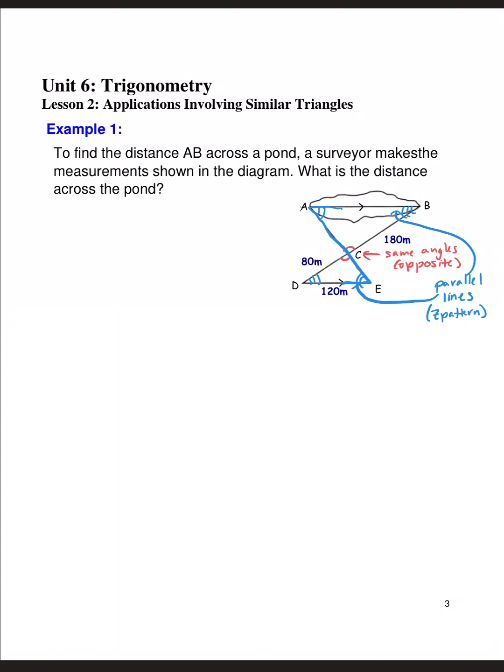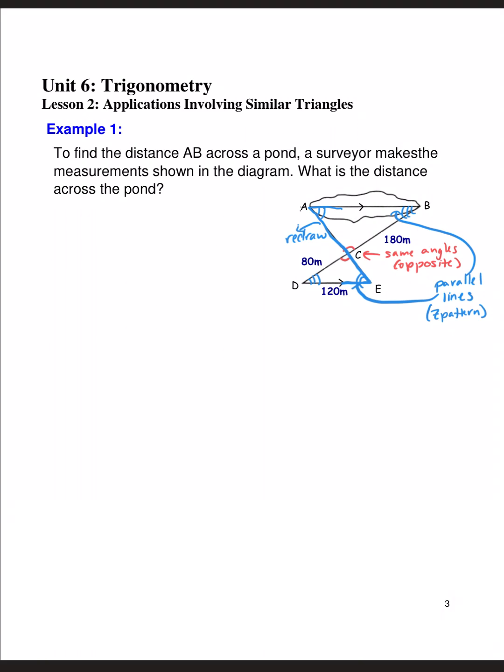If we think about that, I'm going to redraw that big triangle so that it's oriented the same way as the small triangle. You do not have to redraw these. It's just an idea to help you visually see how they're similar.